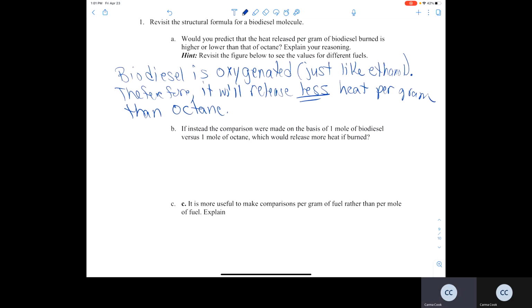And so part B, if instead the comparison were made on the basis of 1 mole of biodiesel, which would release more heat if burned?